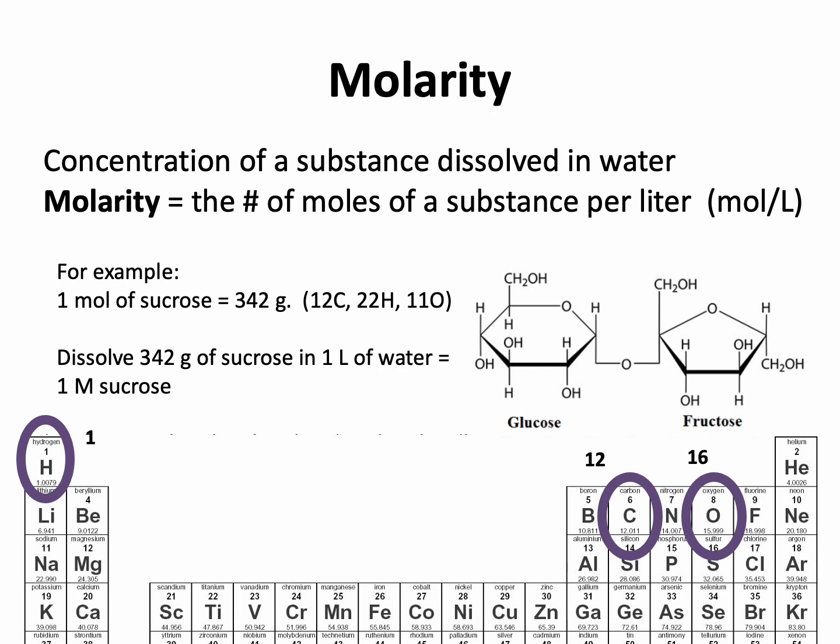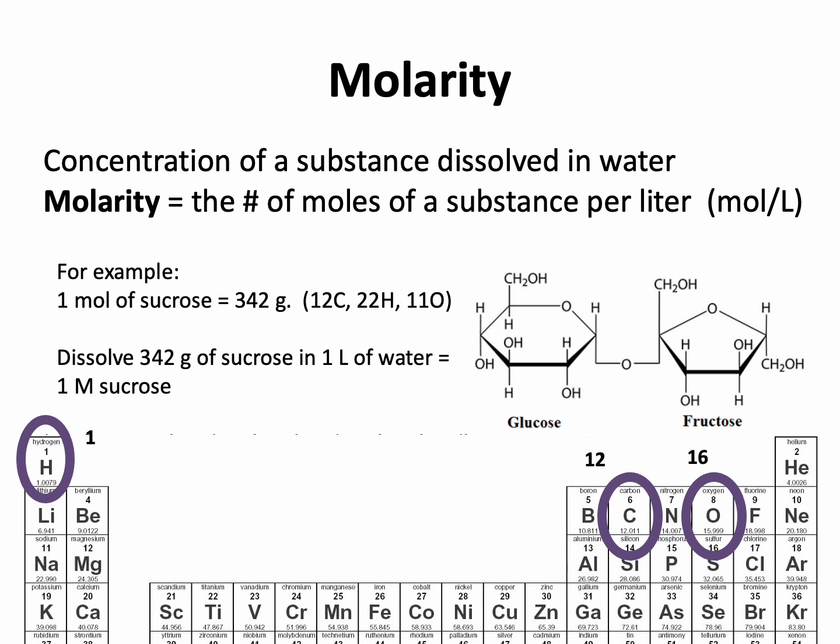So if you were to add up all of the molecular weights, so 22 times 1, 22, 12 times 12, 11 times 16, and you were to add all those up, you would get 342. So to get 1 mole of sucrose, you need 342 grams of sucrose.